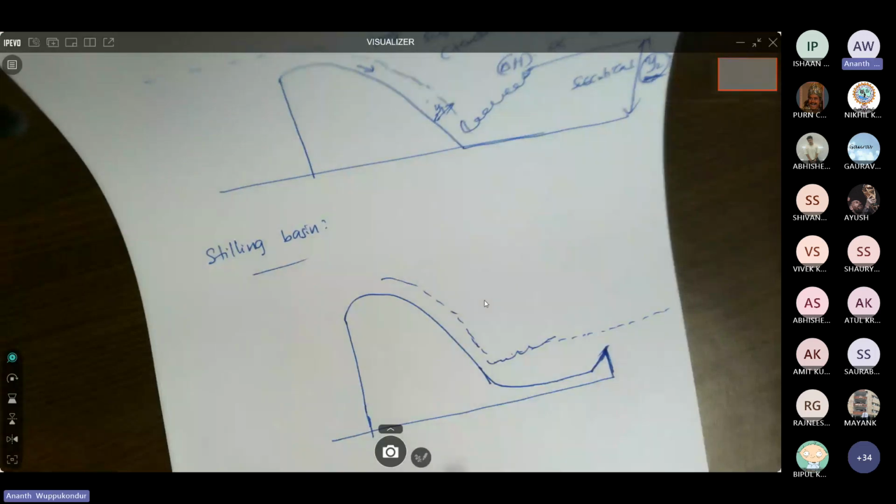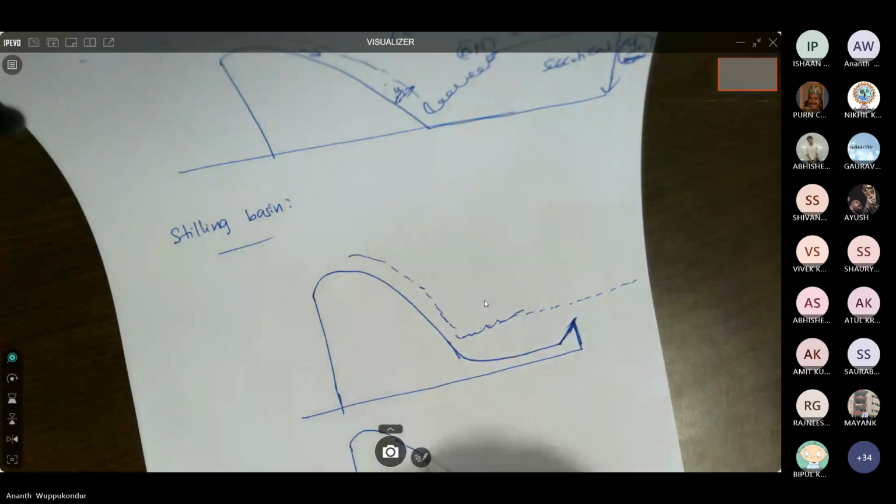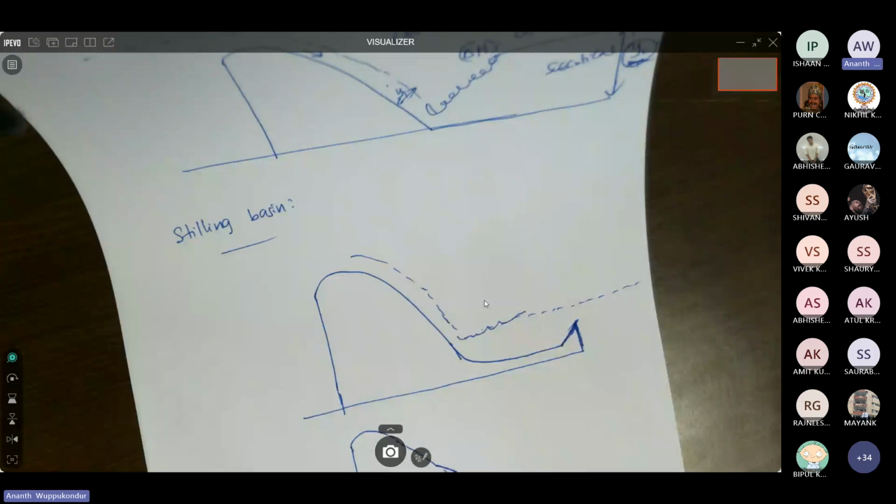Or you could just simply provide a sloping apron. So let's say if this is the original sloping profile that I had to provide, what I will do is to slope the spillway downstream face like this. So this was the original, the dotted line was the original parabola or curved surface.